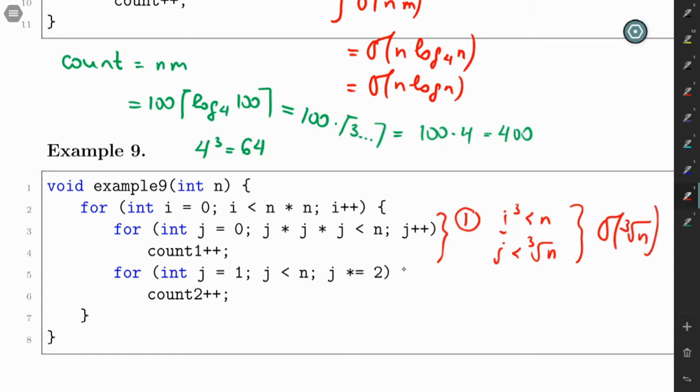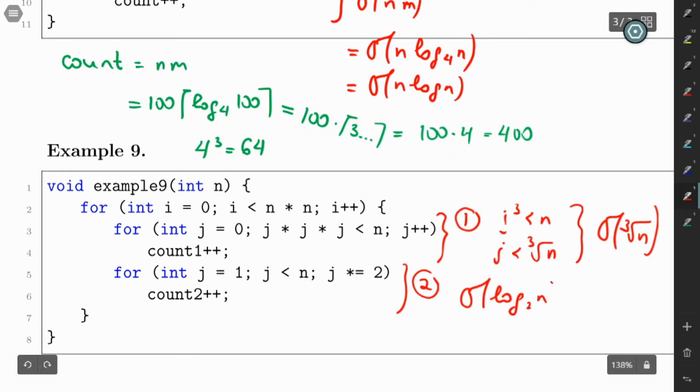And then the second one here is this doubling condition. We've done this type of analysis, and we know that this here is O of log base 2 of n, which is O of log n. Then, out of the two inner loops, we want to figure out which one of them is the slowest.